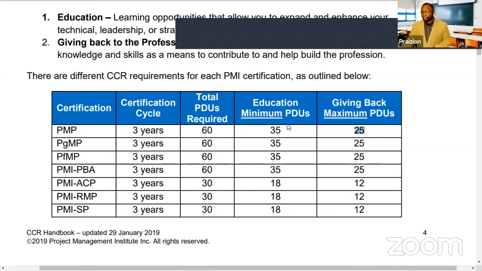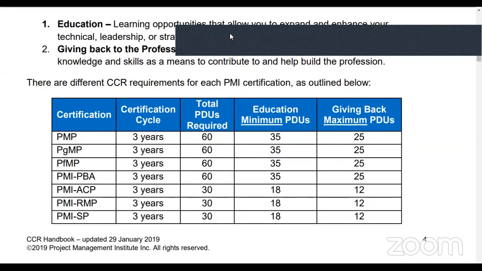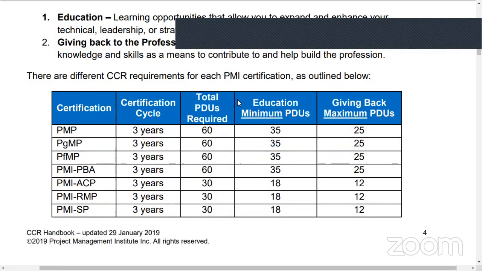See what I'm saying? Okay? And I need to get a minimum of 35 from education. And you can see the rest for all the other certifications here. So if someone is a PGMP, the same thing. They can only get 25 from giving back and a minimum of 35 from education.